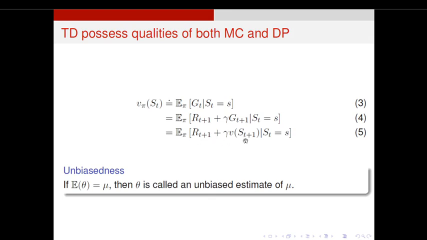This TD update is our theta, that is an unbiased estimate of the state value St. I repeat, the TD estimate or TD target is an unbiased estimate of the current state value. That is why mathematically this temporal difference model gives better results.